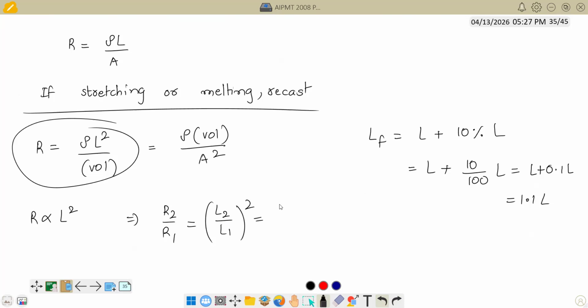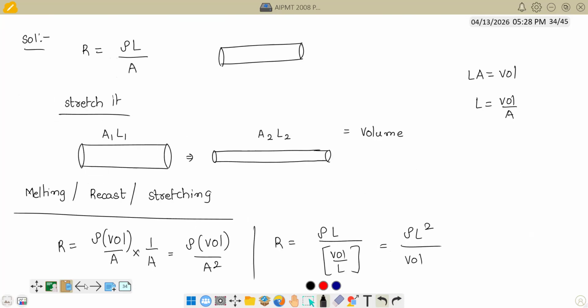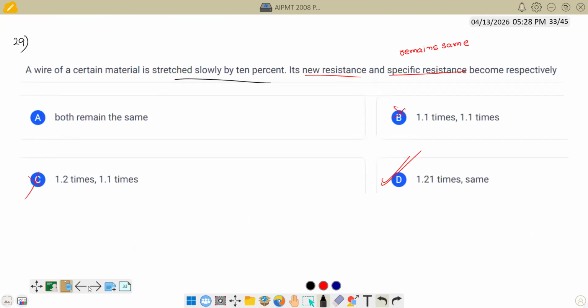L2 is 1.1 L divided by L, whole square. So you basically get R2 by R1 equals 1.1 whole square, that is 1.21. So R2 would be 1.21 times R1. So the correct answer for this would be option D.